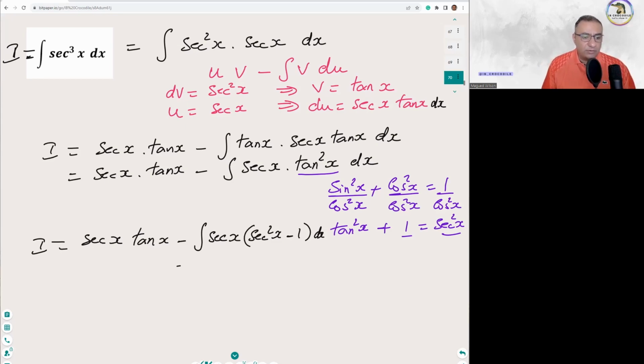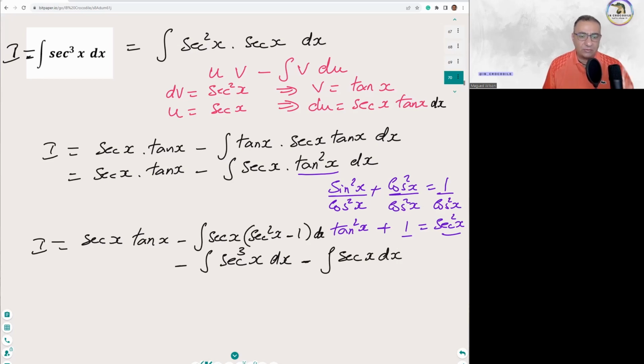Okay, so now this part becomes, let's expand, sec cubed x minus sec x. You can split over addition and subtraction. So this is negative sec cubed x dx minus the integration of sec x times 1, which is sec x dx, right?